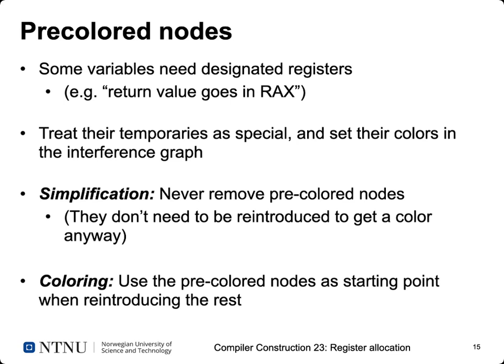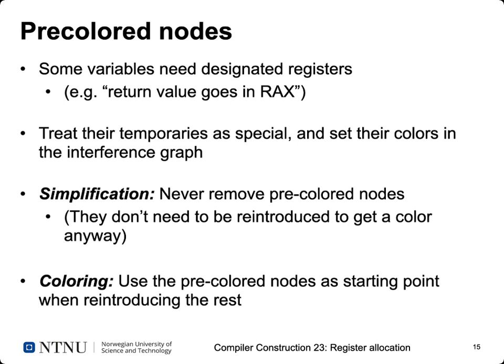So if we actually need designated registers for variables, what we do is we treat their temporary variables as special, and we pre-allocate their colors in the interference graph to ensure that the color that's assigned to a certain register, like RAX in that case, is definitely assigned to that variable. So we don't have any interference with this.